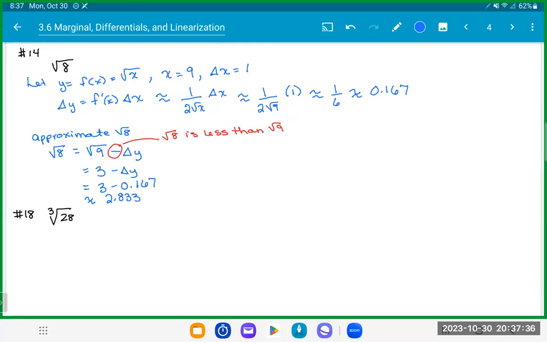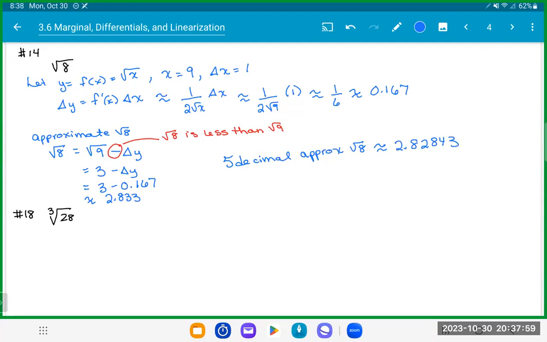So if you take out your calculator, your 5 decimal approximation of the square root of 8 is approximately 2.82843. Thus, our approximation is reasonably accurate, right?